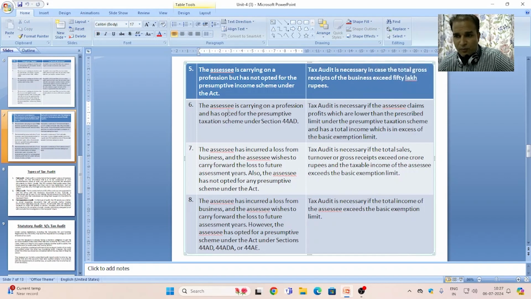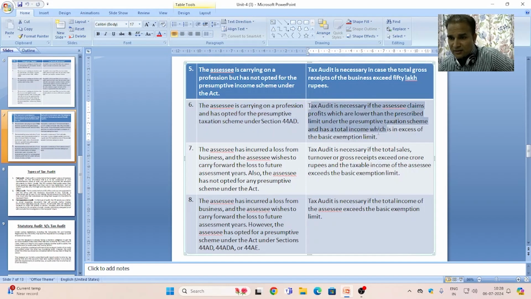Now, sixth point, the SSC is carrying on a profession and has opted for the presumptive taxation scheme. Here the SSC is opting for the scheme.